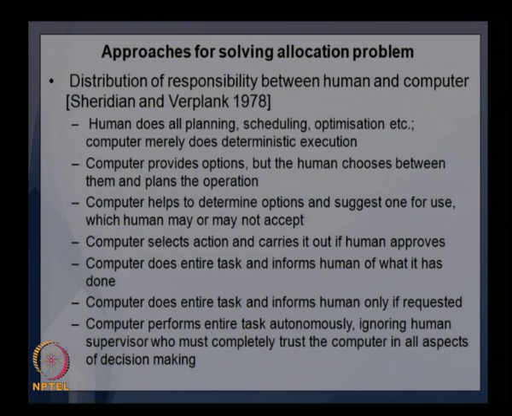The other one is the computer provides options, but the human chooses between them and plans the operation. We can find out what the possible options are using a computer. If you want to arrive at a particular stage, or you want to move at a particular speed, or reach a particular location at a particular time, then we can ask the computer to do some calculations and find out the different options.